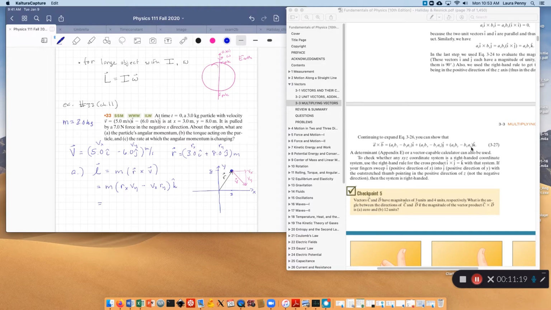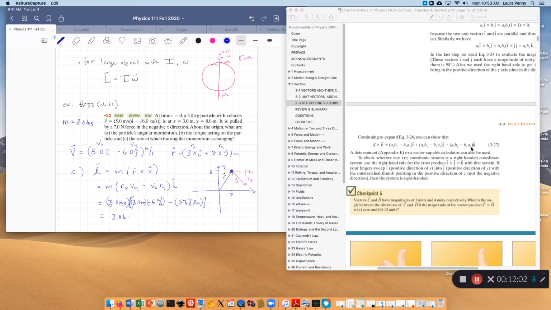So plugging in these numbers, I have 3 kilograms times Rx, which is 3 meters, times Vy, which is a negative 6 meters per second. Those are all multiplied together. And then I'm going to subtract Vx, which is 5 meters per second, times Ry, which is 8 meters.